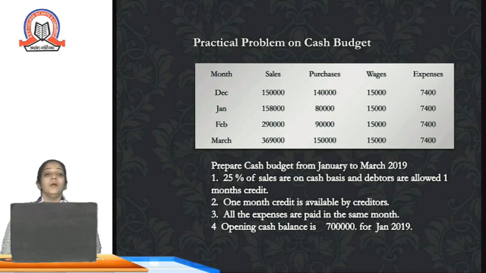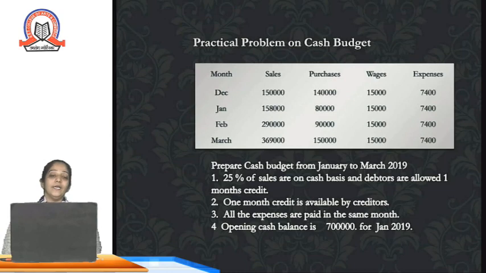Number 2, 1 month credit is available from the creditors. This is related to purchases. Number 3, all the expenses are paid in the same month. Again, this adjustment is related to the expenses, that is wages is also an expense for a company. So wages and expenses both are related to adjustment number 3.